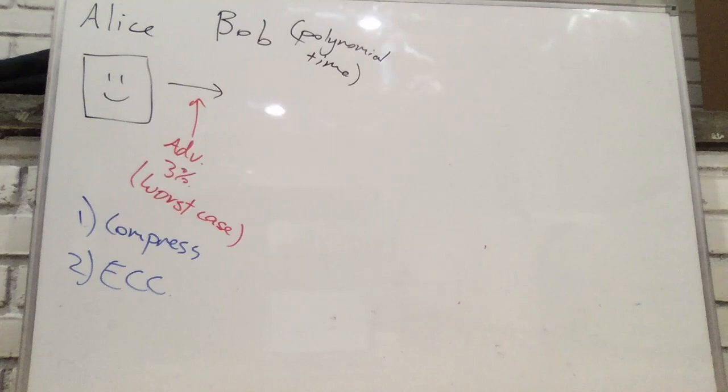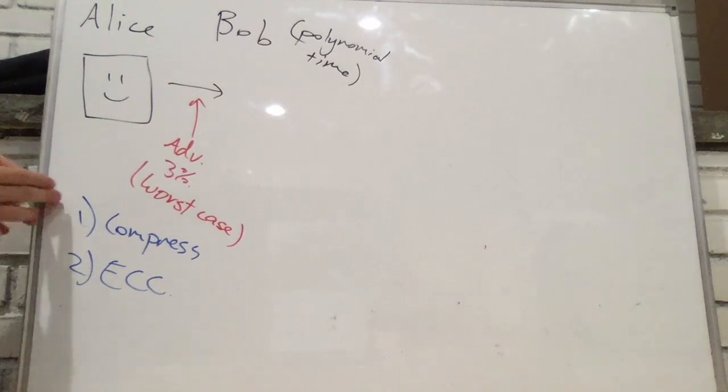It's worth noting that in the case that Alice and Bob are unbounded, then Shannon proved that first doing compression and then error correcting code is in fact optimal. But when Alice and Bob are polynomial time machines, like they are here, then it's different. So for example, you might have some type of data, for example, an image, where you don't know how to compress that well.